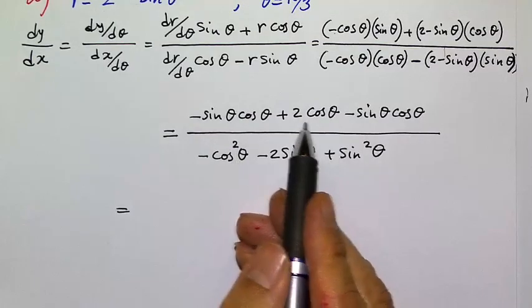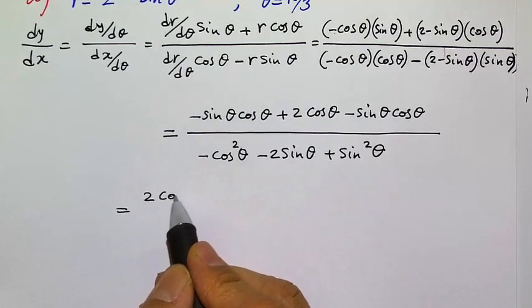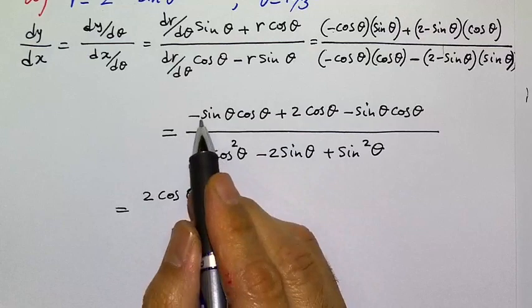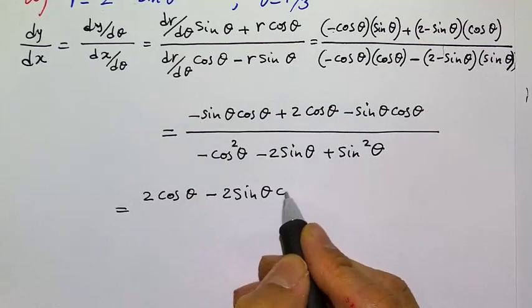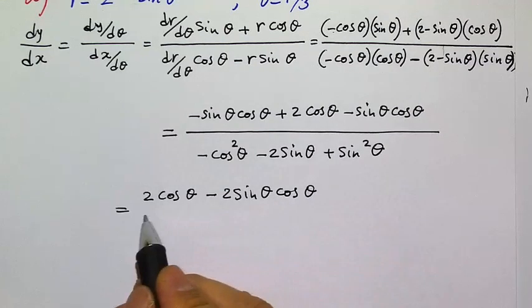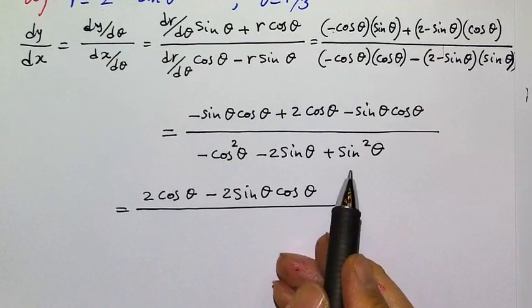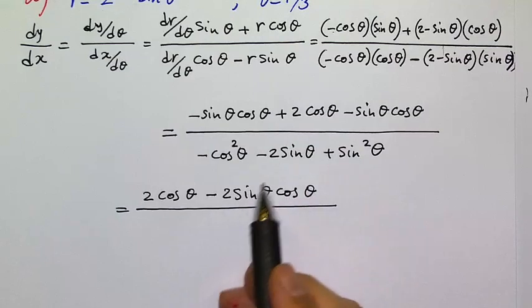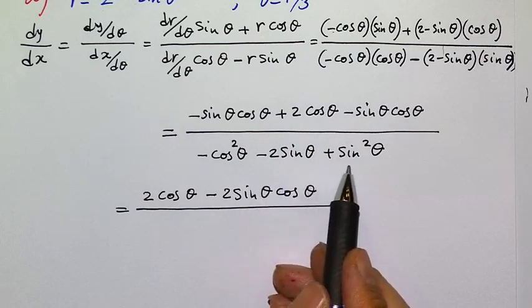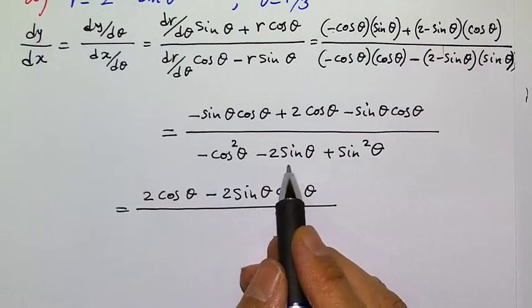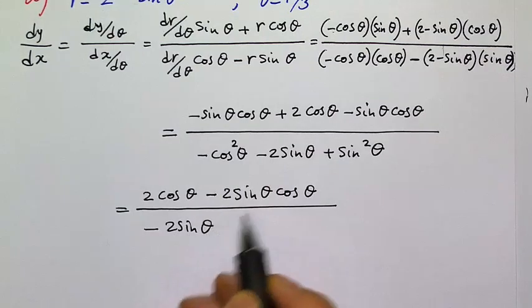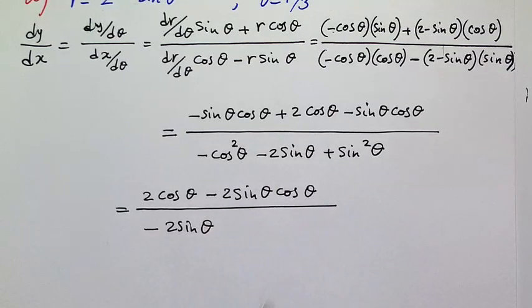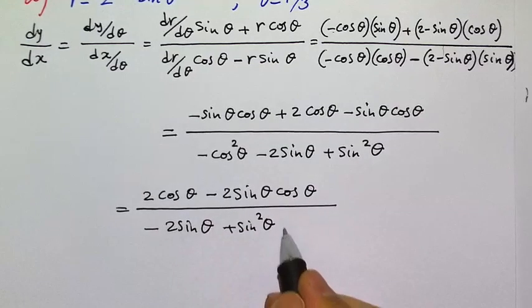So we have 2 cosine theta minus 2 sine theta cosine theta, divided by minus 2 sine theta plus sine squared theta, and then minus the cosine squared theta.